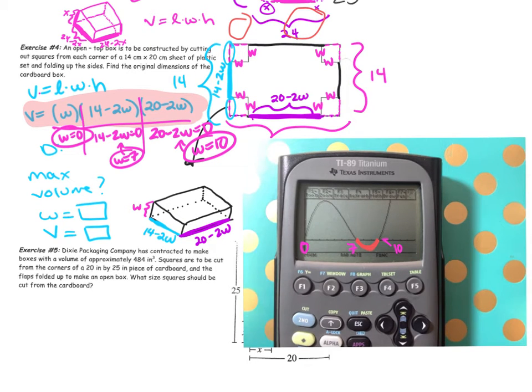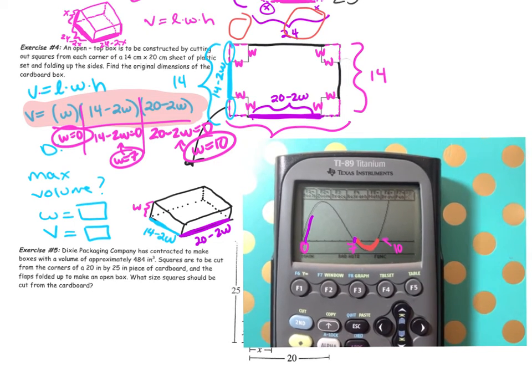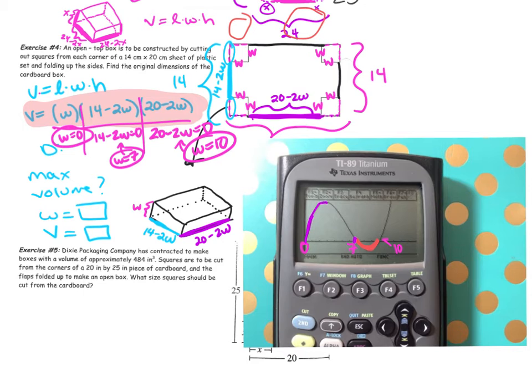So our actual domain is from 0 to 7. Try to trace over it, our actual domain is from 0 to 7. We're not looking at them greater than 10, because if they're greater than 10, well, look what happens. Let's say w was 11. 20 minus 2 times 11, we have 20 minus 22. You can't have a negative length.